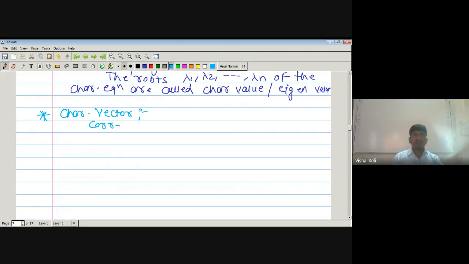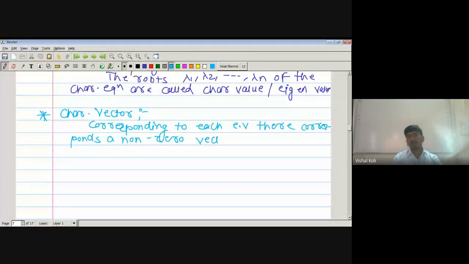Corresponding to each eigenvalue there corresponds a non-zero vector x satisfying the equation matrix A minus lambda I into x equal to 0.